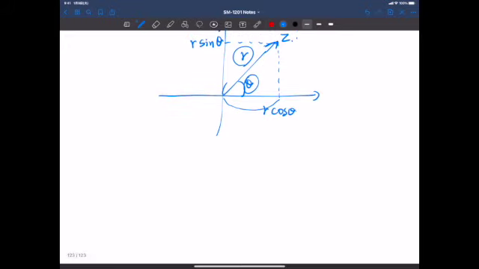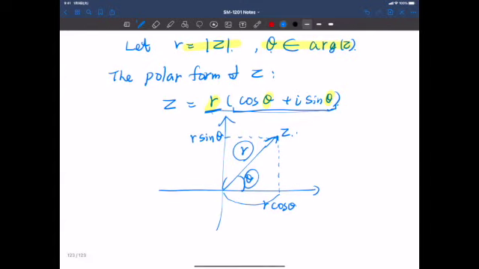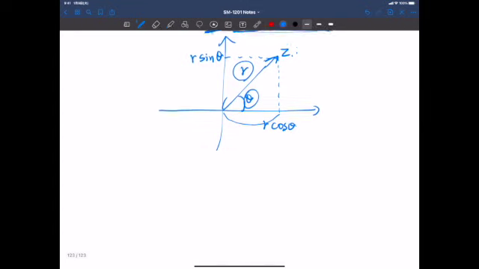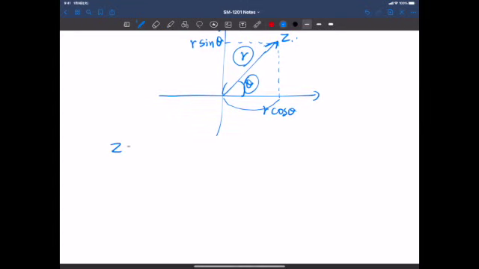Maybe we could use some examples. So any non-zero complex number can be expressed in terms of the polar form. So suppose z is expressed as this. So that means its modulus is r and its argument is alpha.